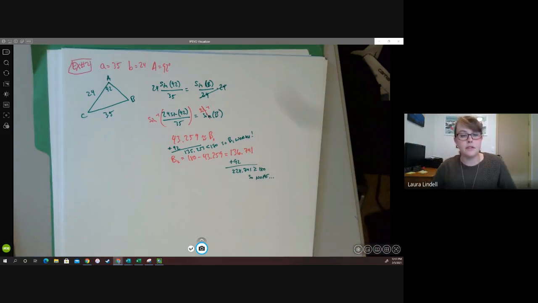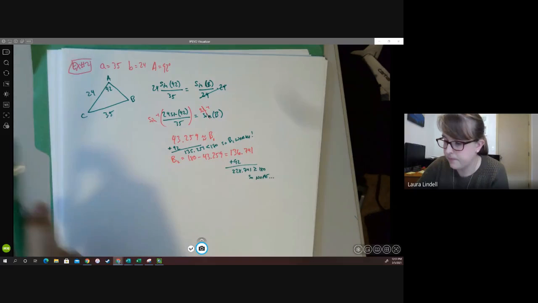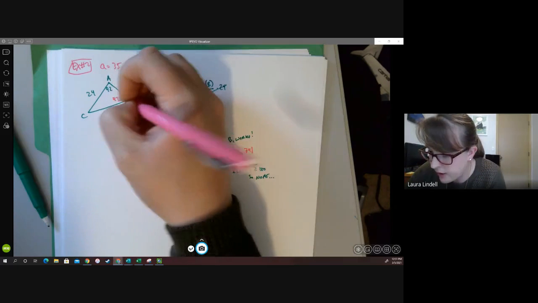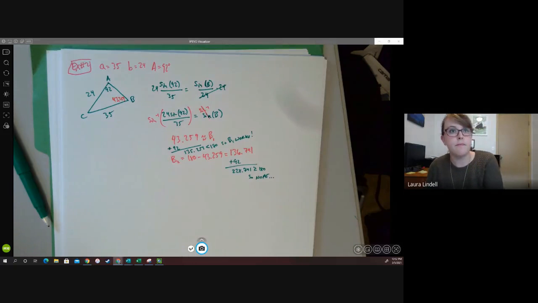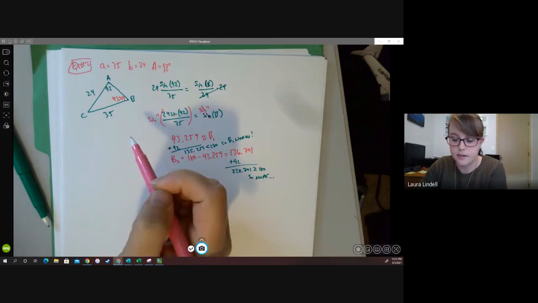So this is the case where we have one solution. So I know that B1, 43.259, works out. Then I can find angle C and continue on and find both angles and also the missing side.